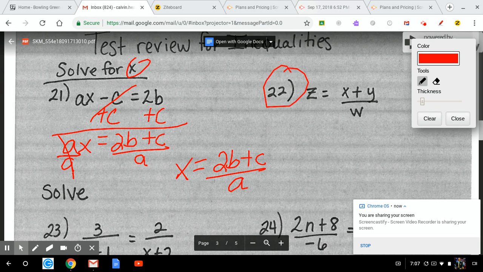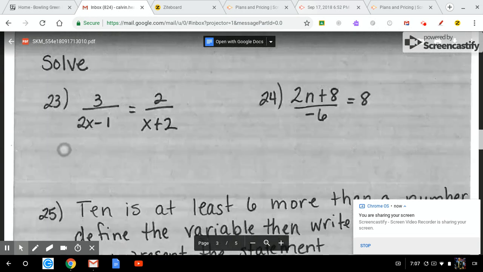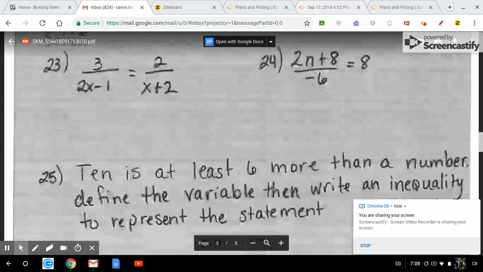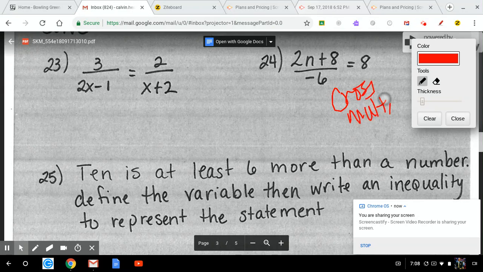Okay. So you're still solving for x. All right, we go down here. These are proportions. So this is where we've got to cross multiply. Okay. So remember, I like putting these like this, set them off.